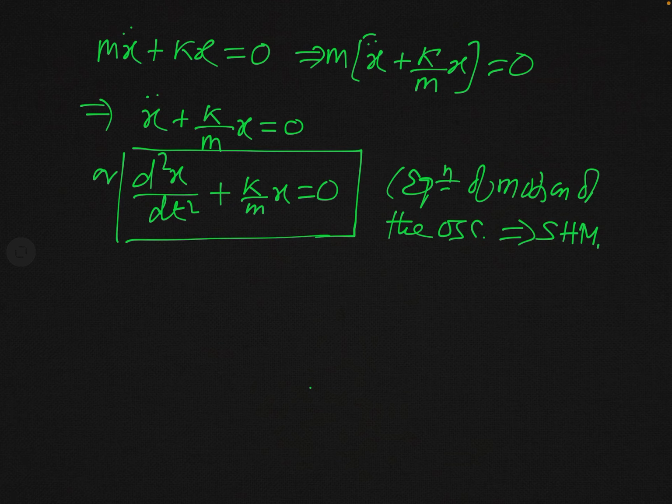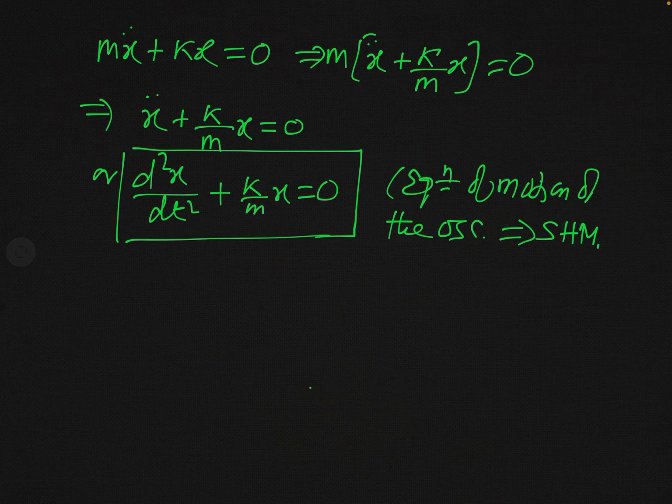Now comparing this equation of motion of this linear harmonic oscillator to the standard equation of SHM, you can find what will be the frequency of oscillation or the time period of oscillation of this oscillator.